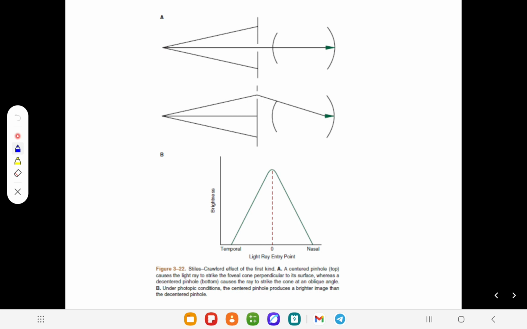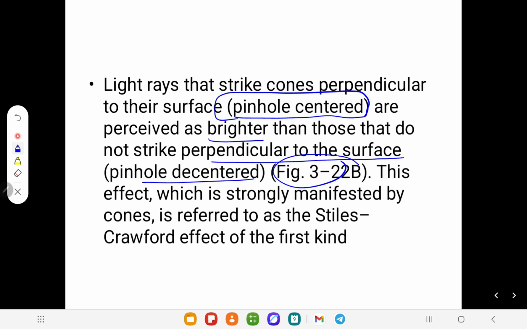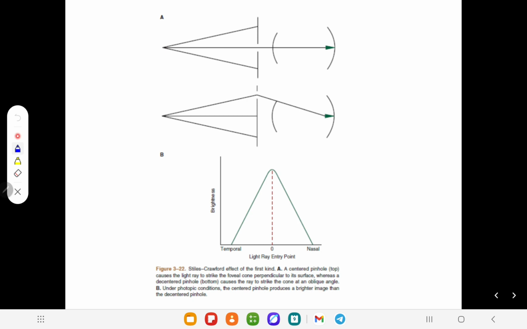Okay, just remember this point. This effect, which is strongly manifested by cones, is referred to as the Stiles-Crawford effect of the first kind. Okay? So, see in this picture, Stiles-Crawford effect, first kind.